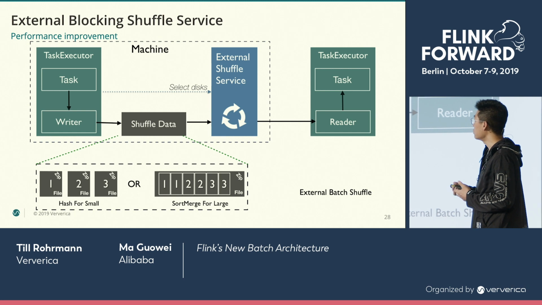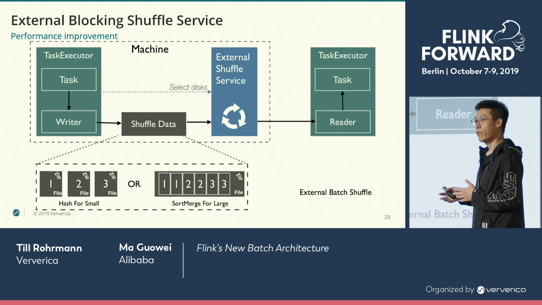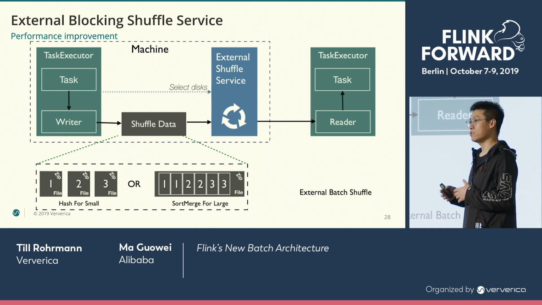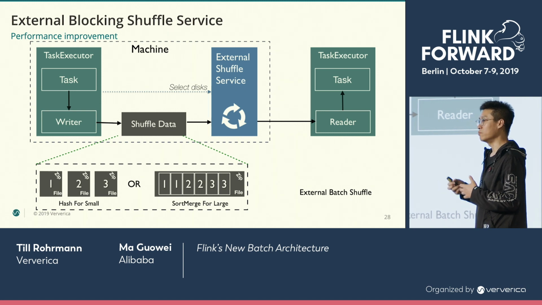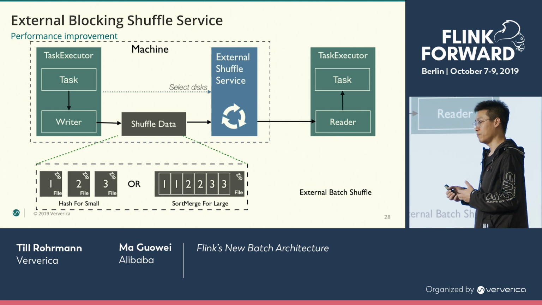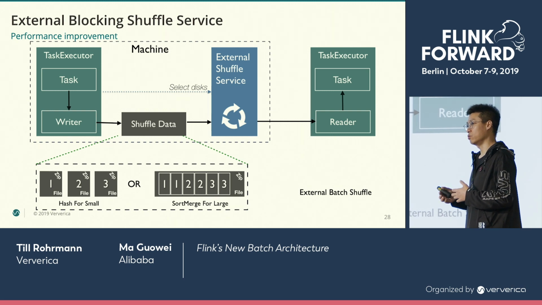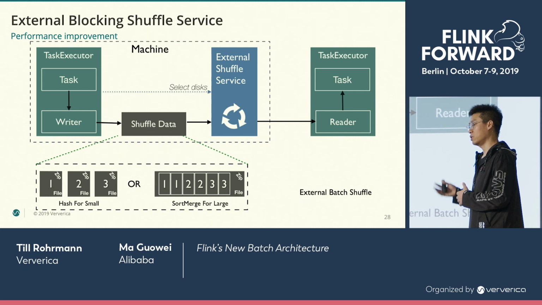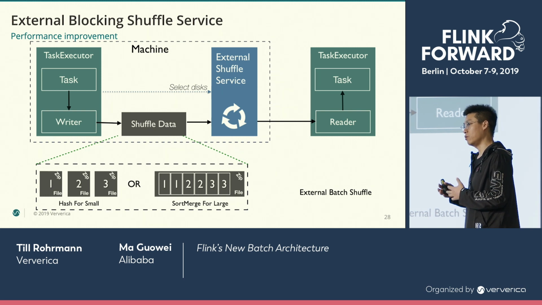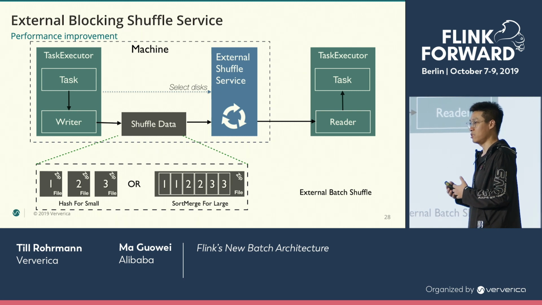Another optimization is about the disk skew. The write disk is selected in a random way in the default shuffle service, and this will lead to disk skew. And we found in our production environment that there are many long tail tasks caused by this situation.